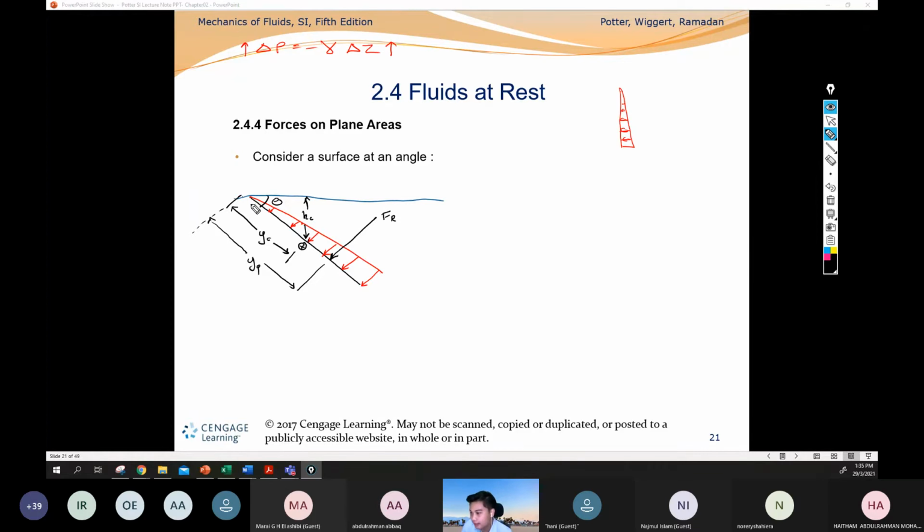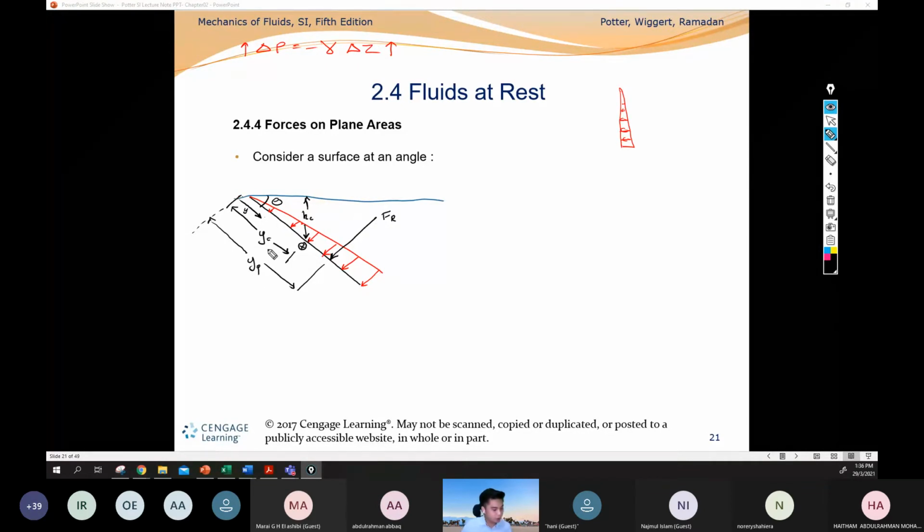Let's say we have a change of Y from here to here, just an arbitrary Y. That means Y can be in any position, maybe this position and this position. So Y is changing. It is not fixed. The fixed ones are YC and YP.